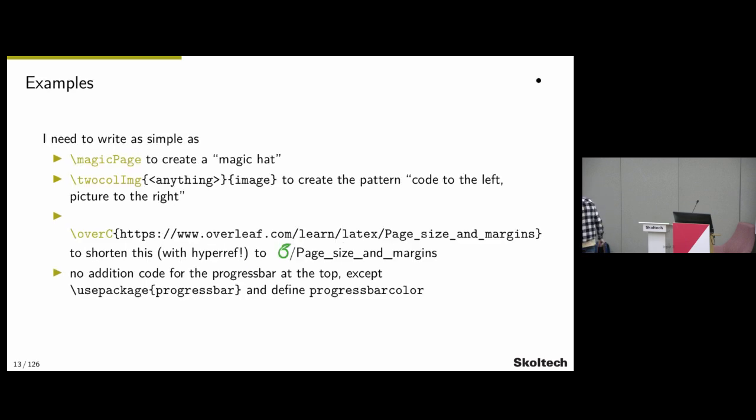For examples, I want to tell you some examples I created by myself for this lecture, for this cycle. For example, the magic page you already know. You already saw me with this magical header, and the UX is simple. I just write this command, nothing less, nothing more, just this command.